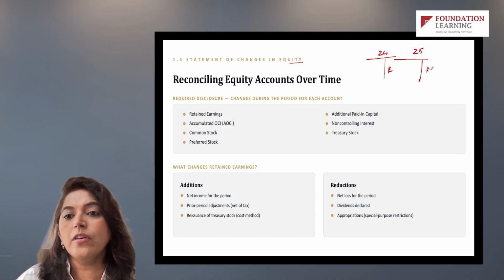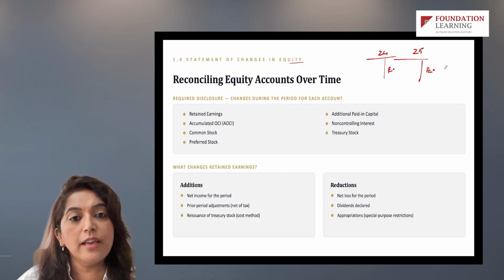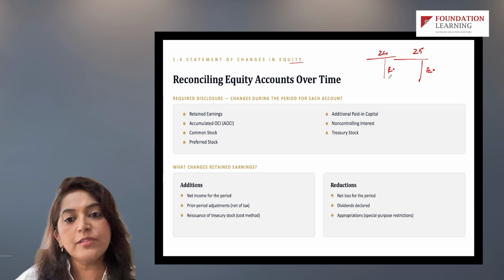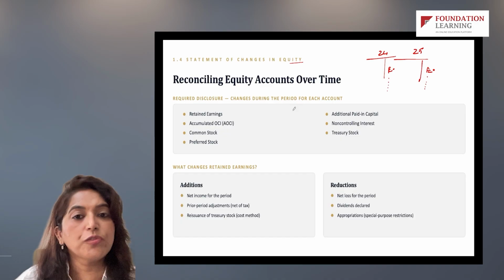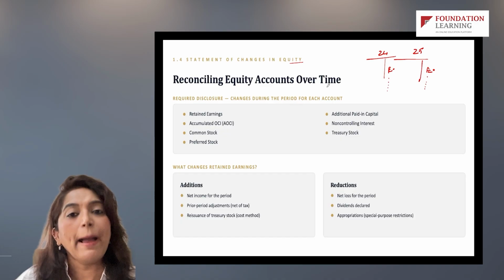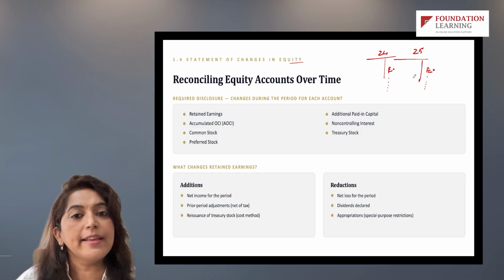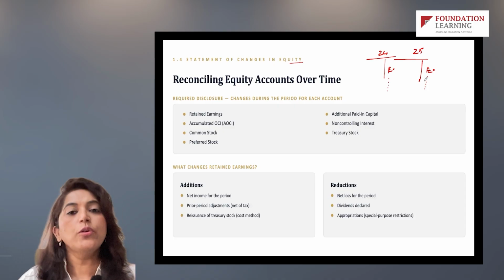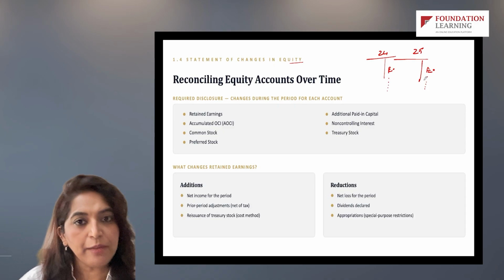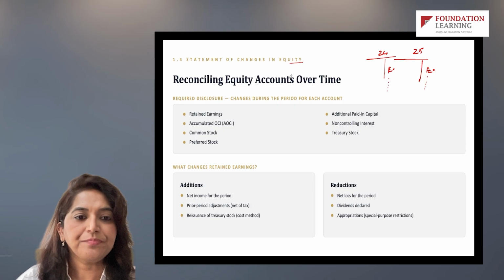If the amount has moved from this year to this year, what are the reasons, what are the line items due to which the amounts have moved? So we are doing a mapping exercise: last year's items were these, this year's items are these, and these are the amounts that have moved. When you look at the format of the statement, you will understand it well.